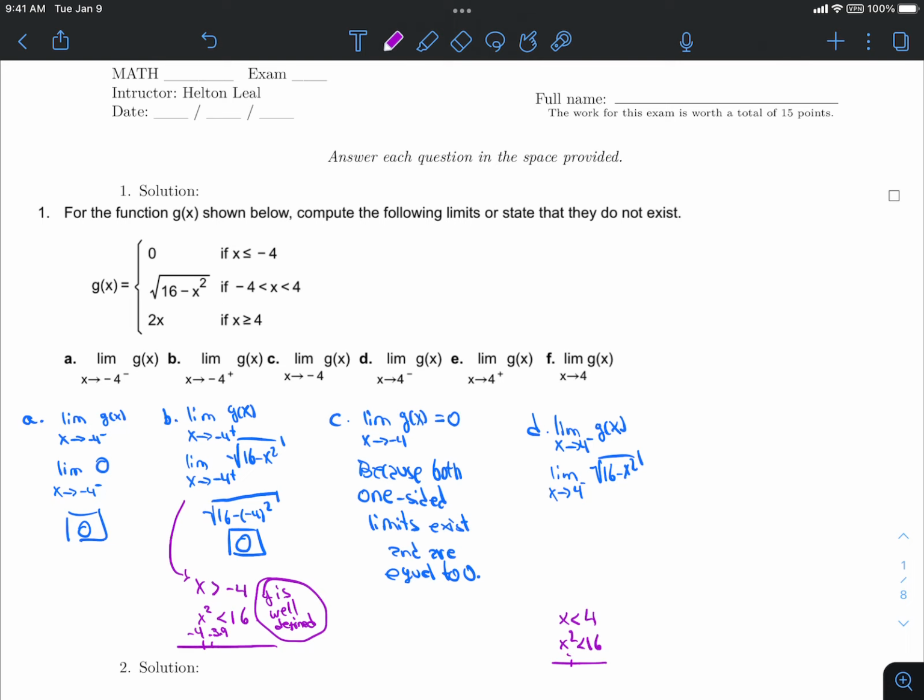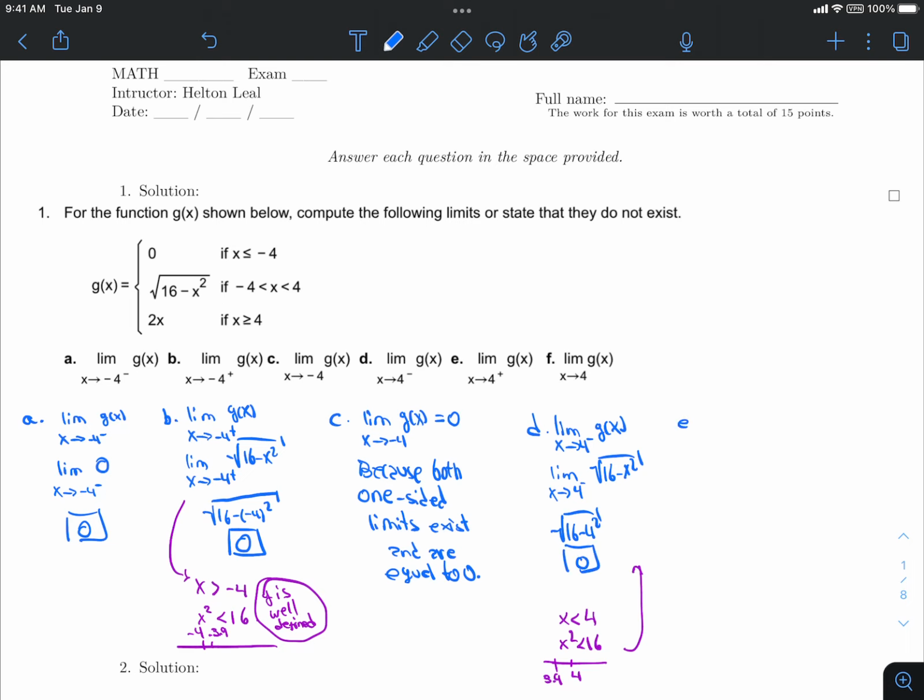On the line, if this is 4 and x is less than 4, this is like a positive 3.9. If you square that, then this is still less than 16. So this is well defined. And we then also get the 0. We also get the square root of 16 minus 4 squared, which is 0.